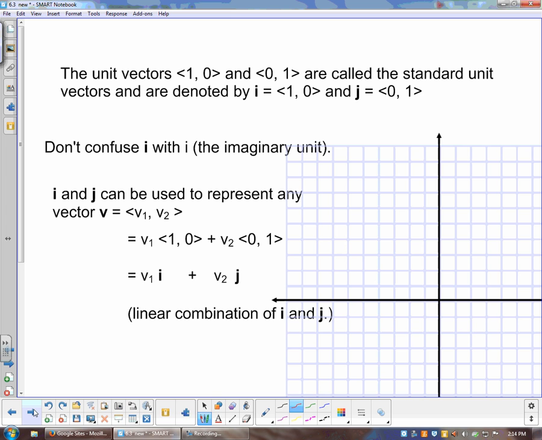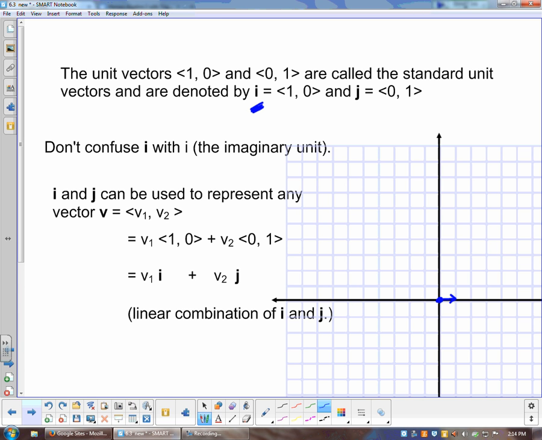All right, let's talk about unit vectors. The unit vectors 1, 0, and 0, 1 are called the standard unit vectors, and they are denoted by boldface I and boldface J. So what are these? Boldface I is just this, I'll use blue for boldface I. That is just a vector that starts at 0, 0 and goes 1 unit to the right.